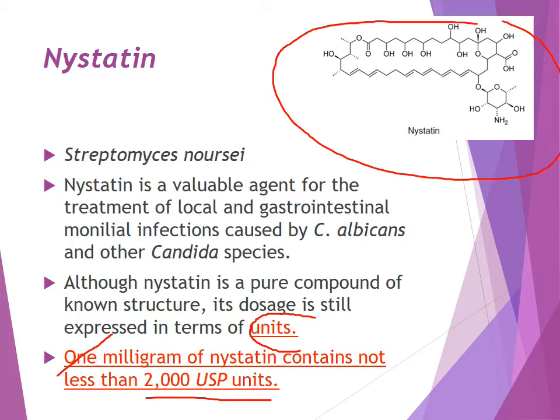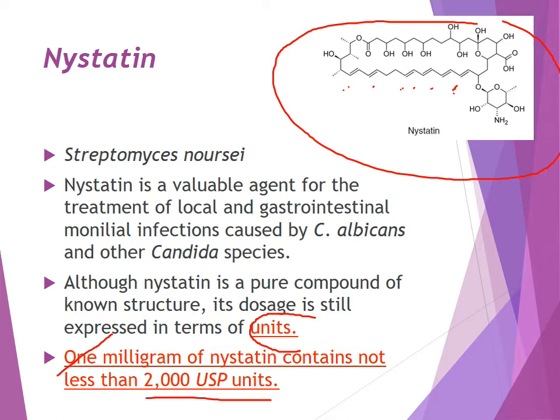And look at the structure of our nystatin. Kung sa ating amphotericin B, meron siyang 7 conjugated double bonds. In our nystatin, meron lang po siyang 6 conjugated double bonds. So 1, 2, 3, 4, 5, and 6.